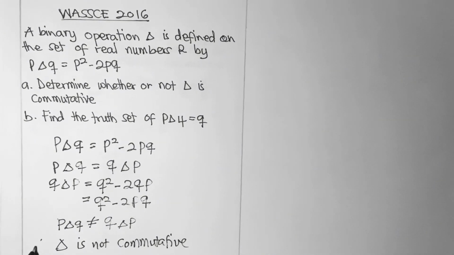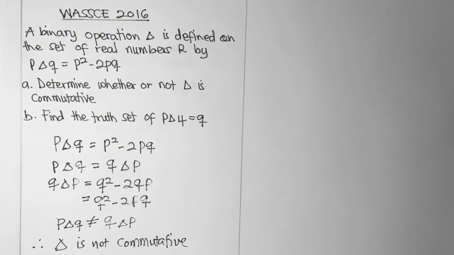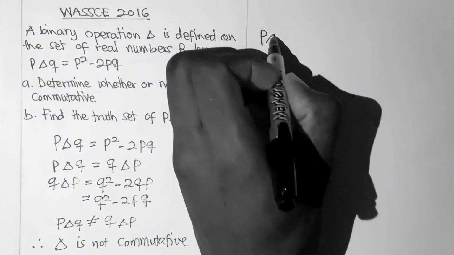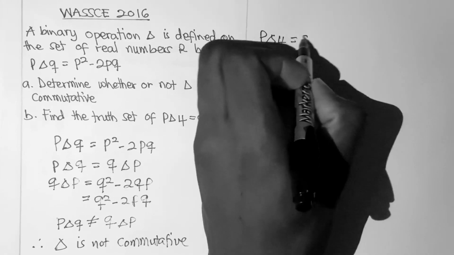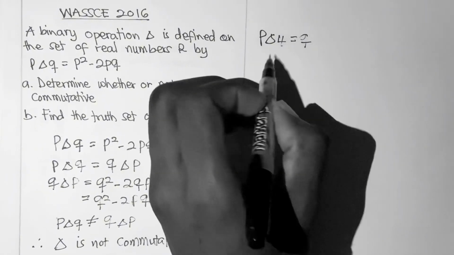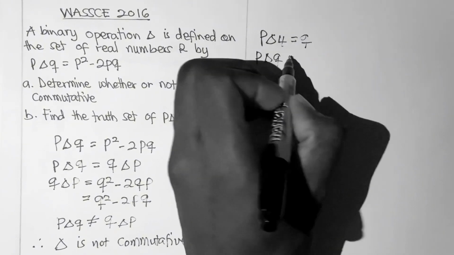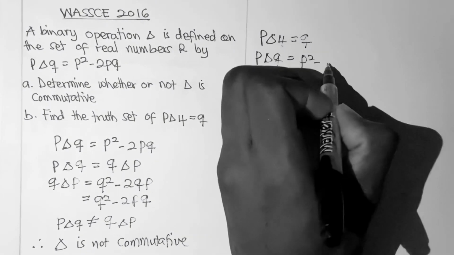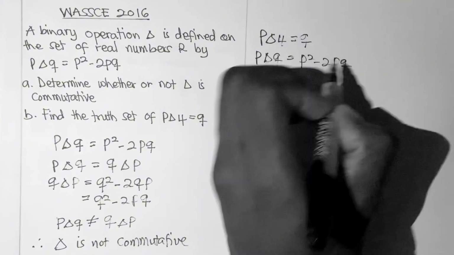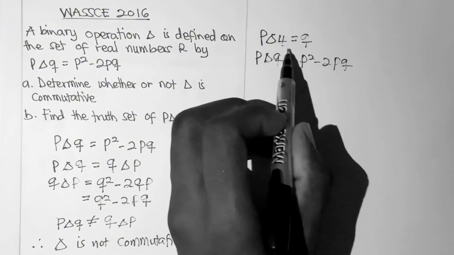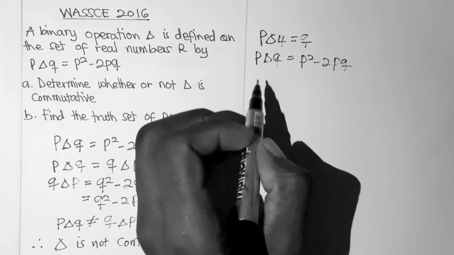Therefore, this operation is not commutative. Then the second part of the question says we should find the truth set of P operation 4 equals 9. Now, we know that the operation is P operation Q equals P squared minus 2PQ. So what it means is that wherever we see P, we replace it with P, and wherever we see Q, we replace it with 4.